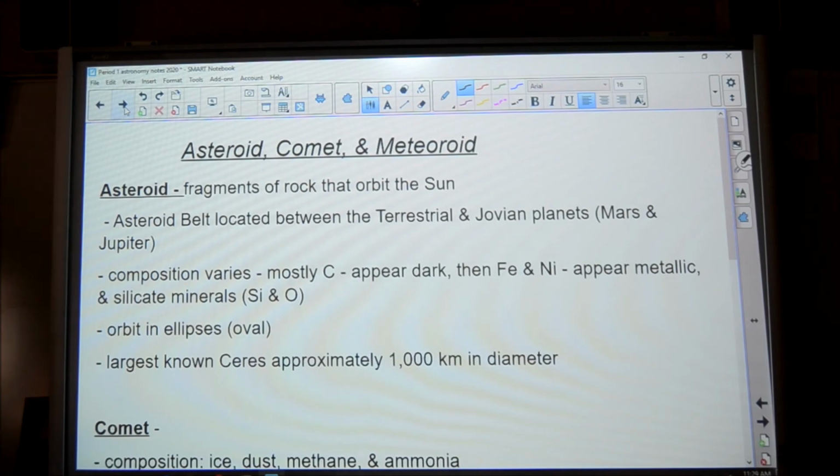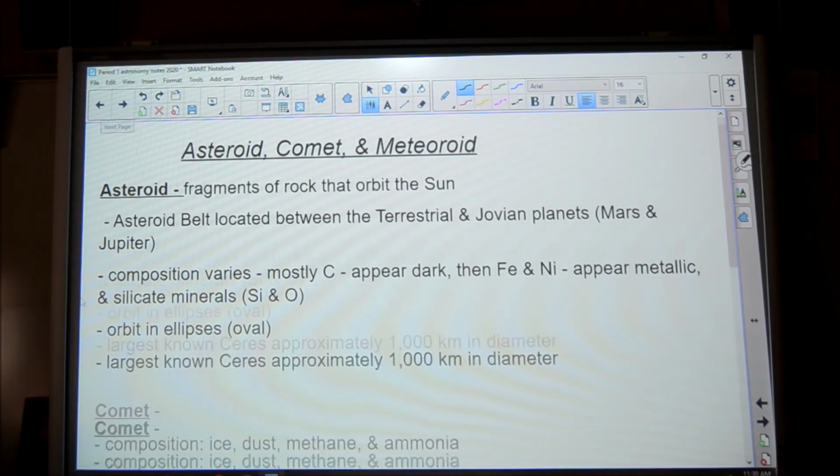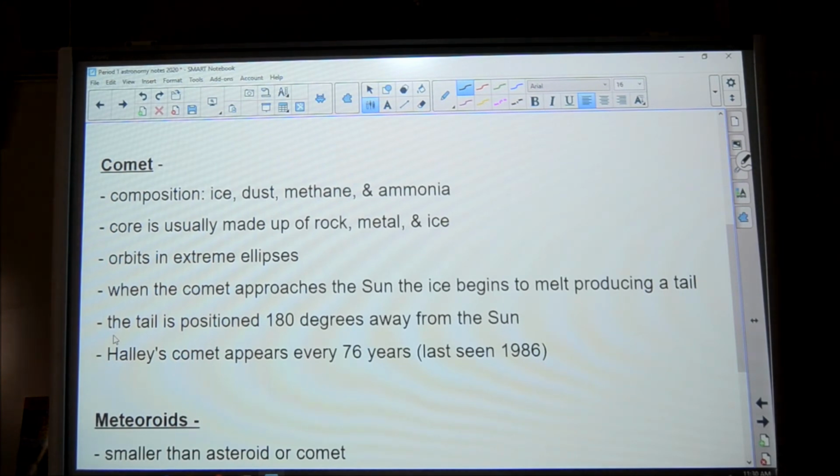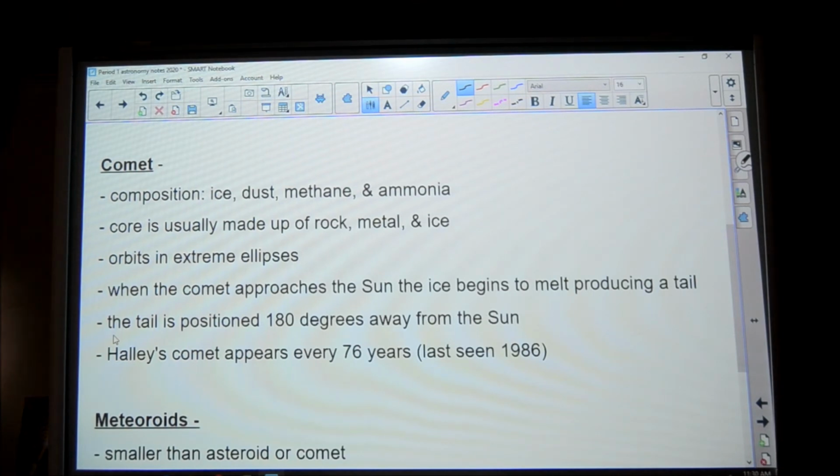Whereas a comet, I'm looking at ice, dust, methane, and ammonia. The core is usually rock, metal, and ice. It's also going to orbit our sun in very extreme ellipses. When the comet gets closer to the sun, the ice melts and you actually get a tail.